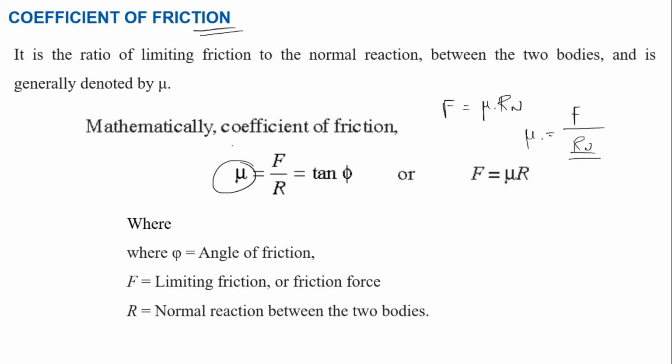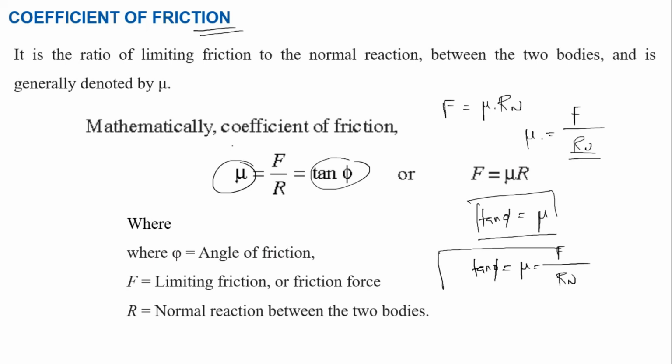Tan phi is equal to mu, so substitute tan phi. So, tan phi or mu is equal to F divided by Rn. This is the formula we got, where phi is the angle of friction, F is the limiting friction or frictional force, and N is the normal reaction.